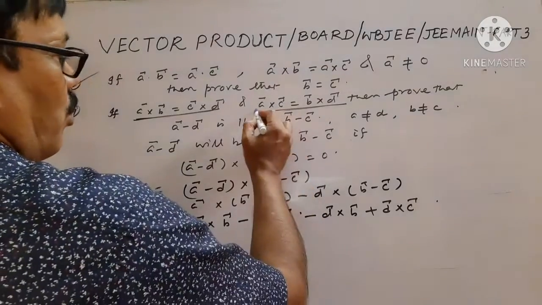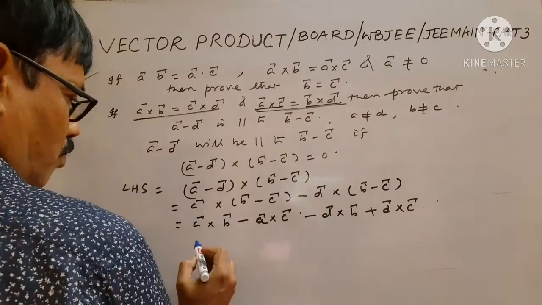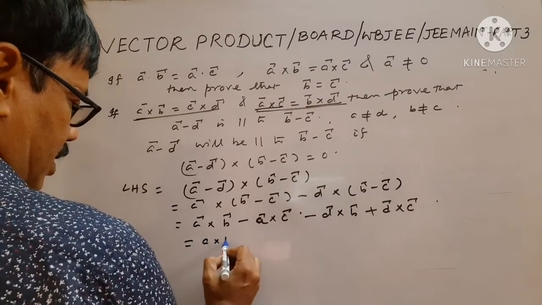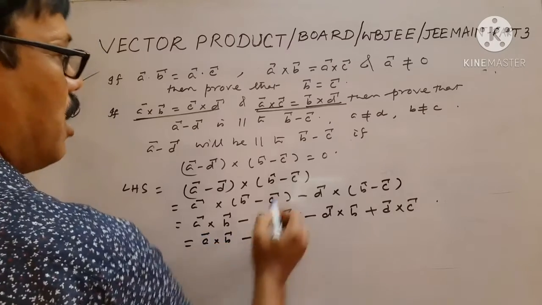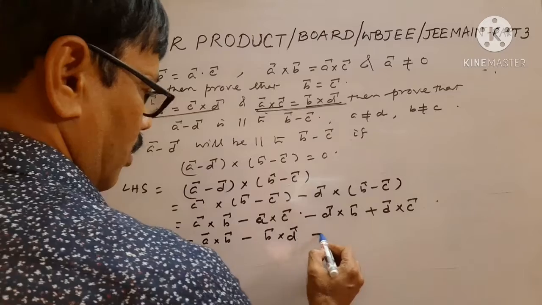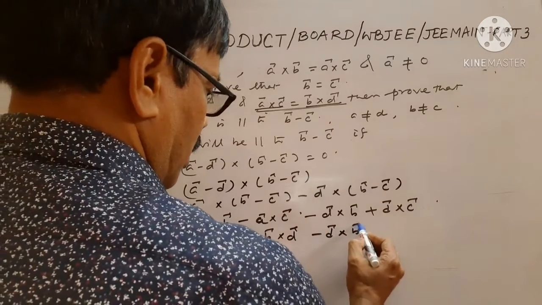Now, what is A cross C? A cross C equals to B cross D. So, A cross B as it is. A cross C, it is B cross D. This is D cross B.